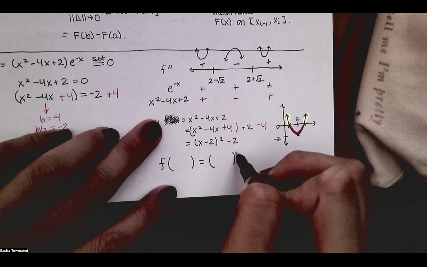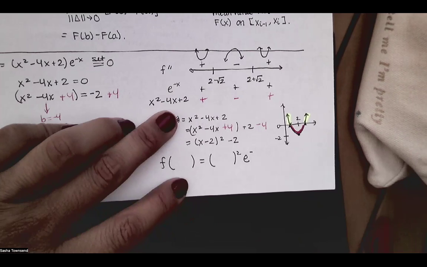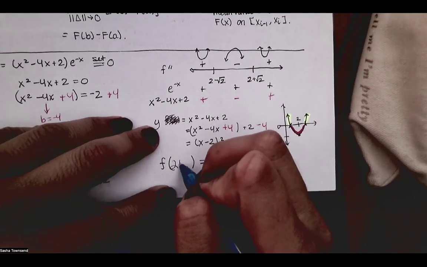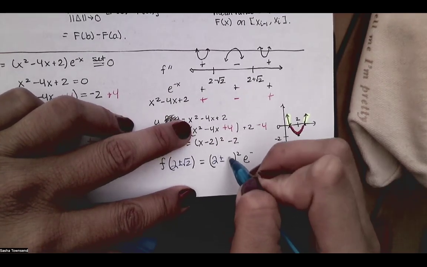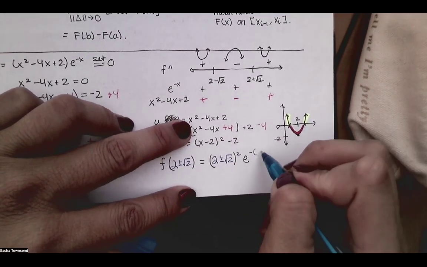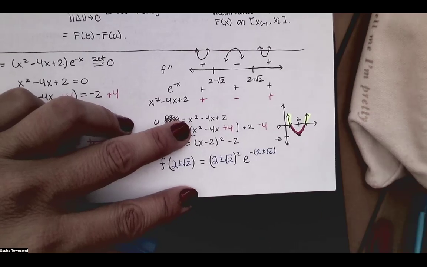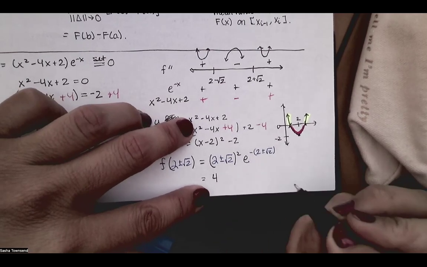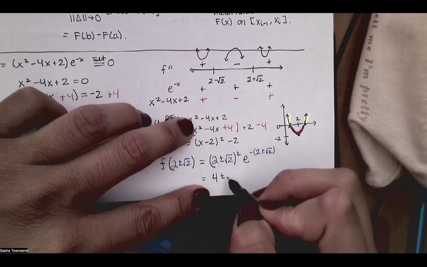So we'll have f of x equals x squared times e to the negative x. So I've got 2 plus or minus the square root of 2, squared, times e to the 2 plus or minus the square root of 2. And what we get is 4 plus or minus 2 times 2 times, or 2 times this times this.